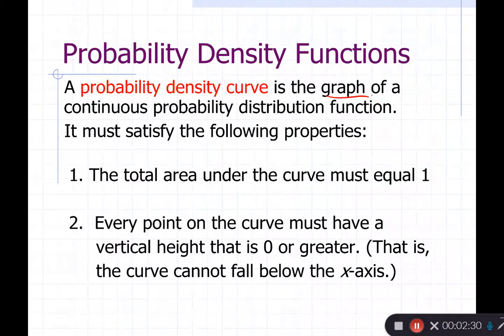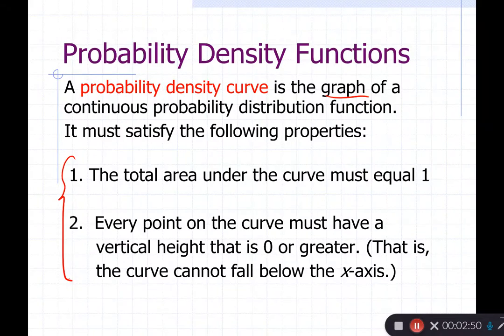A probability density curve, again, is just a graph of a continuous probability distribution function. So it can have any shape. The shape of the graph is not what makes it used for probability. What allows us to use a graph for probability is right here. It has to have these two characteristics.